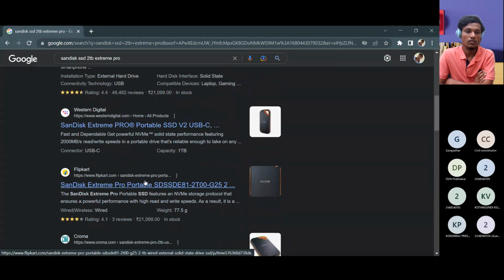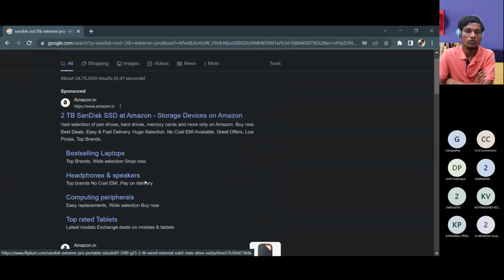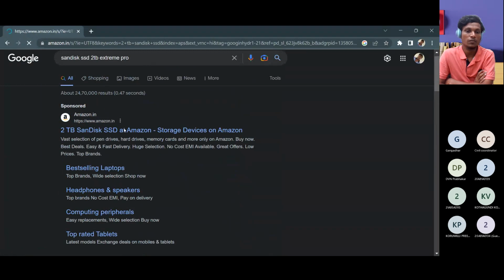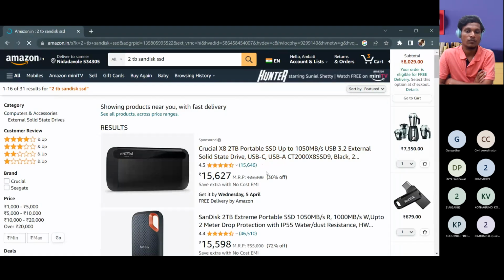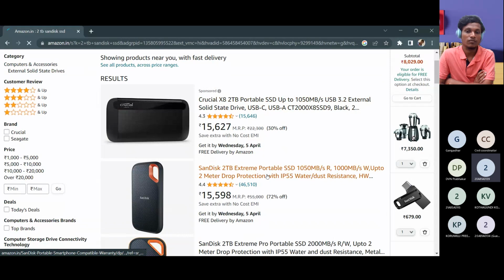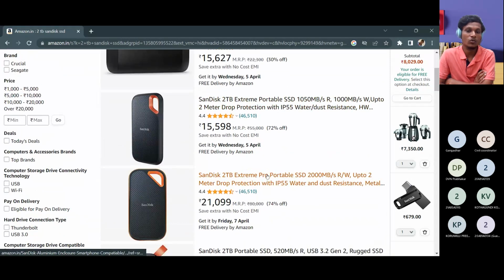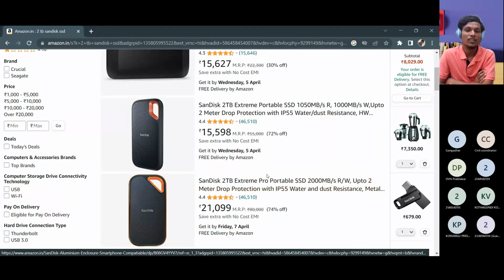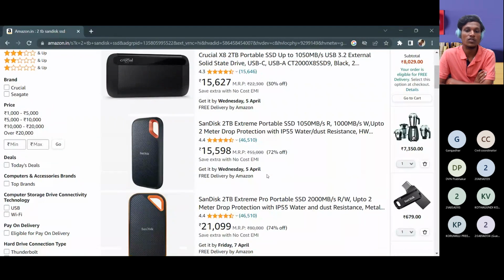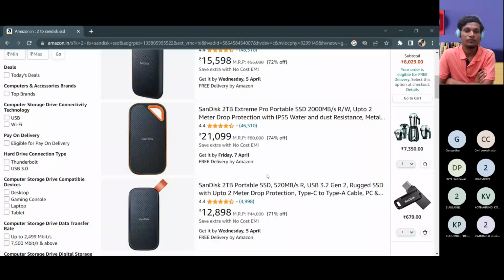Any price, you can open any e-commerce website and see the price of it. Around 15,000, but what I bought is around 21,000. That one, your second one. Can you see the difference? Why is it 15,000 and why is it 21,000?